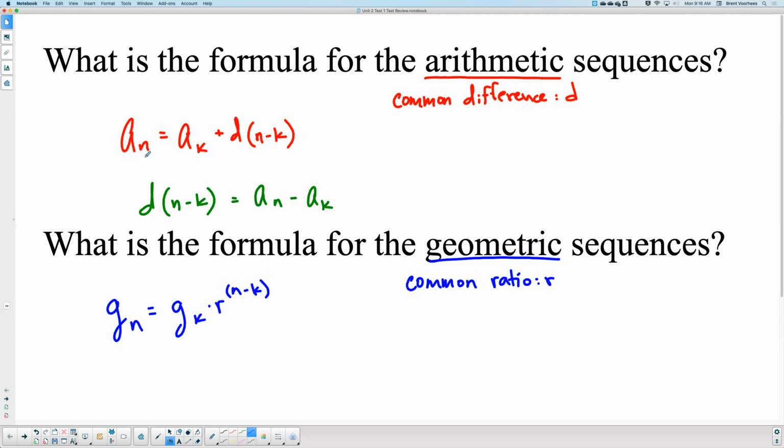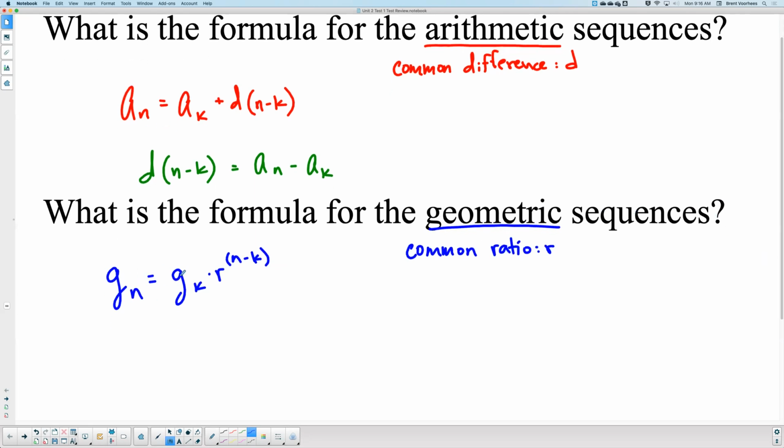Does it make a difference between A's and G's? No. Once again, what if we have terms that are skipping? What's the better way of finding our R? It would be to isolate R to the power of n minus k. How would I get rid of G_k here? The opposite operation is not subtract, it would be divide.